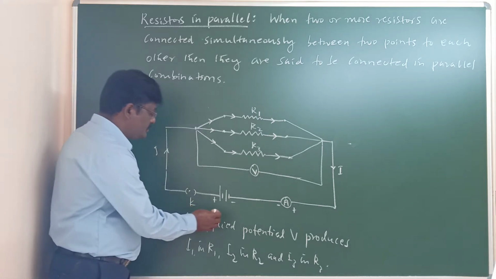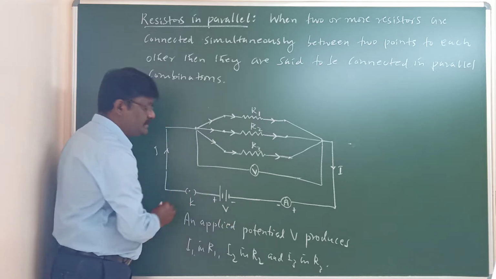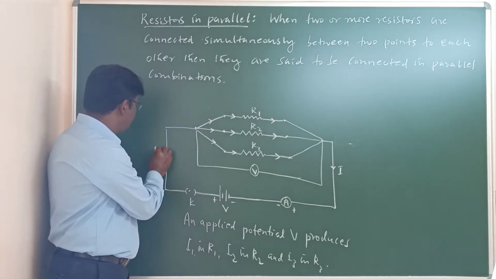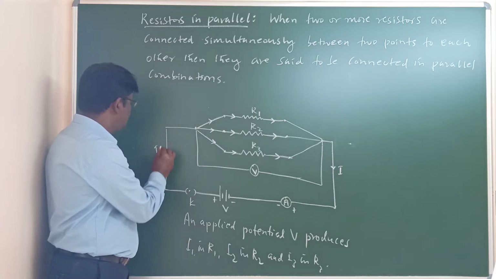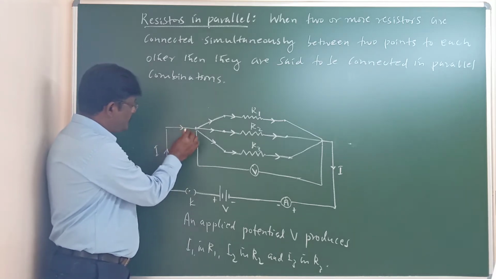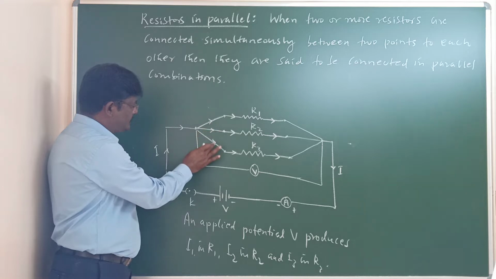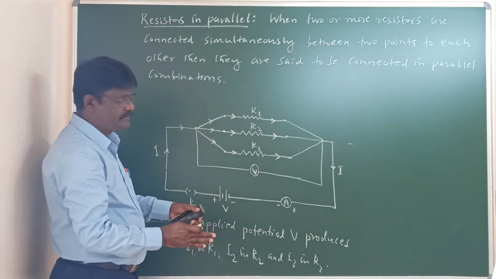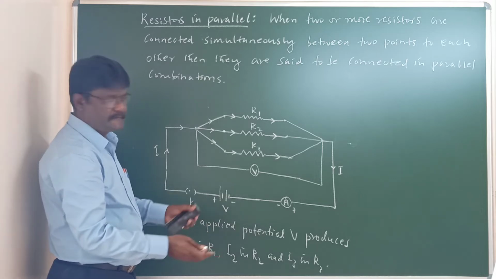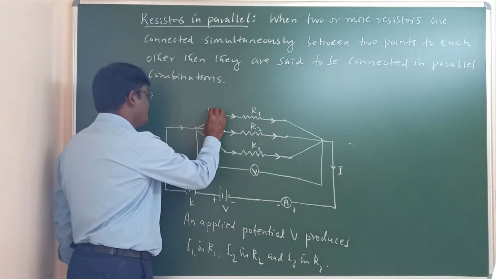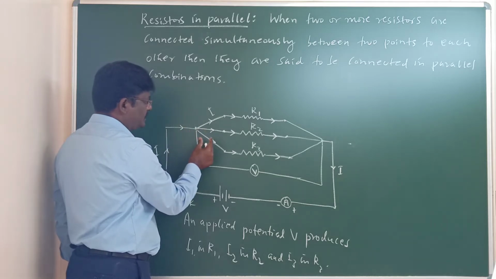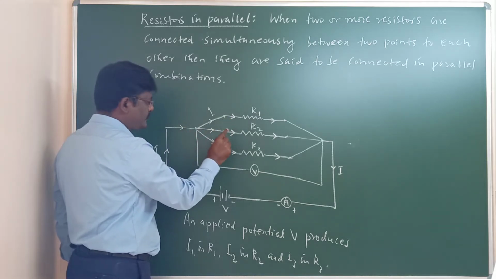Okay, now this V produces I in the circuit. This I, when it enters here, now it divides. Same current will not flow, simple common sense. Because the current depends upon resistance as well as potential difference and so on.